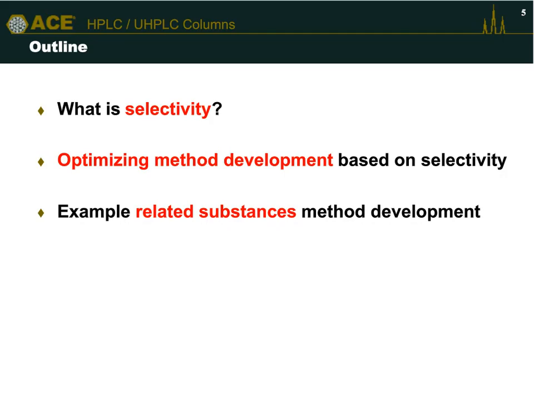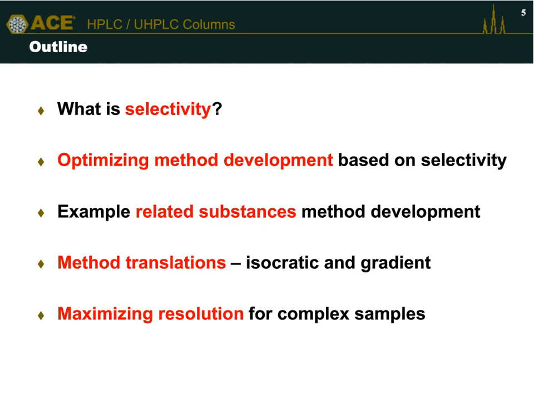As a brief outline to this webinar, I'll start by reminding us what selectivity is. I'll then talk a bit about how we can use selectivity to optimize our method development approach by considering key variables available to us to change to develop our method. I'll then use this as an example and develop a related substance method, something that we've done recently in our laboratory.